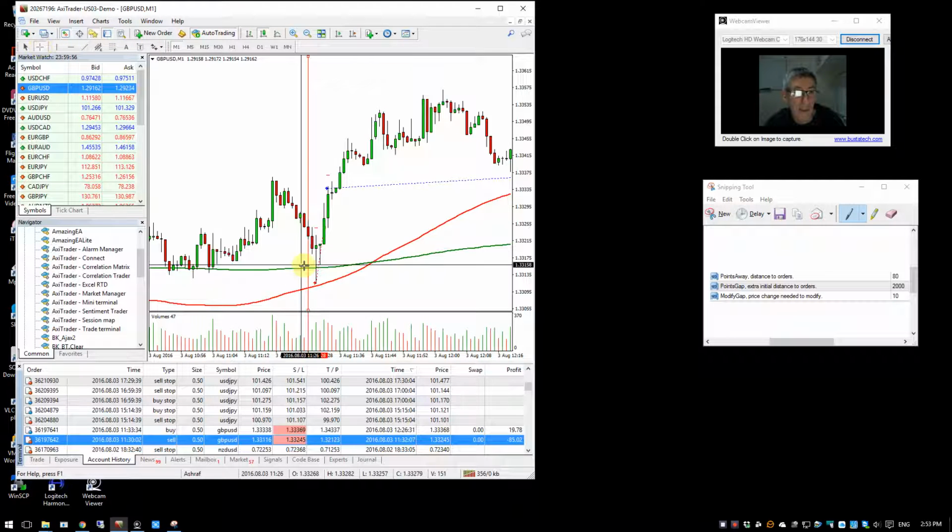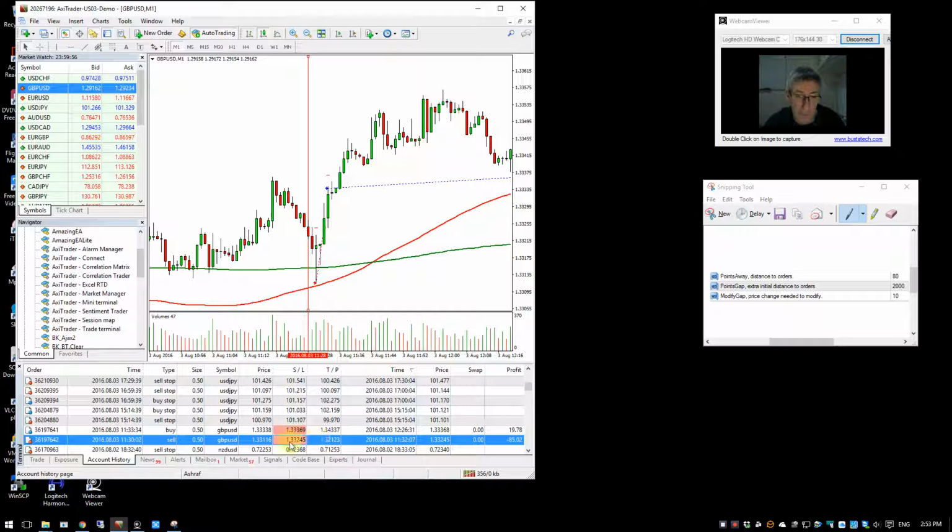And if you can imagine, that was where price was prior to the news. So you can see that it's literally 8 pips away to my sell order, and unfortunately it got activated and then stopped out, sorry, at here.